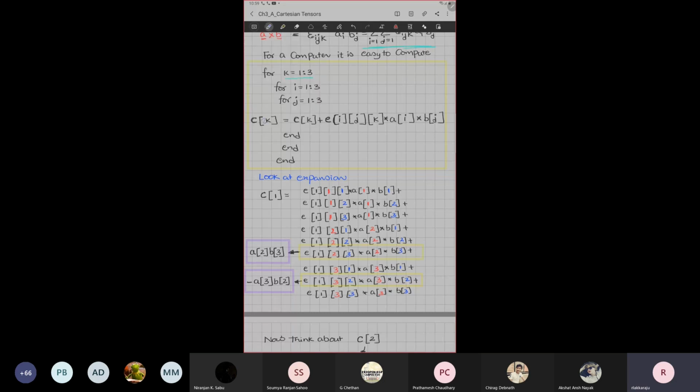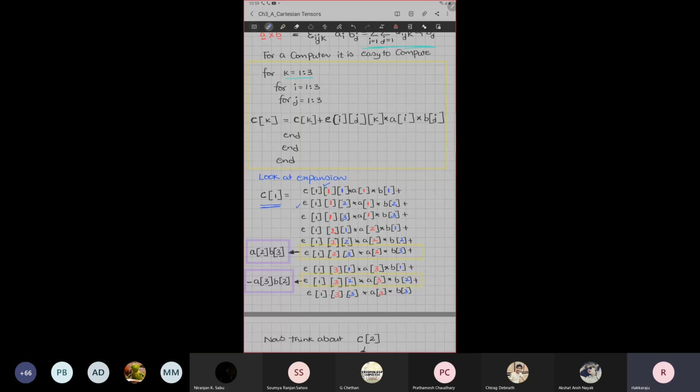Look at when k is equal to 1, C1, which I'm going to look at. For the computer it is so easy. E111 times A1 B1 plus E112 A1 B2 plus E113 A1 B3 plus and so on. Already the computer knows this value is 0 because of repeated index.